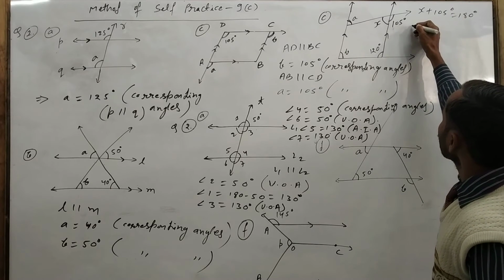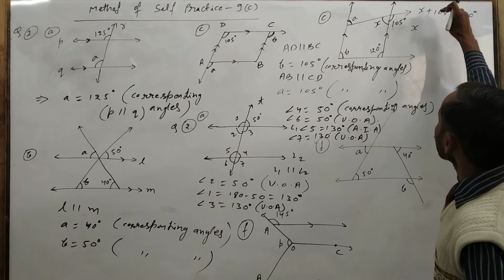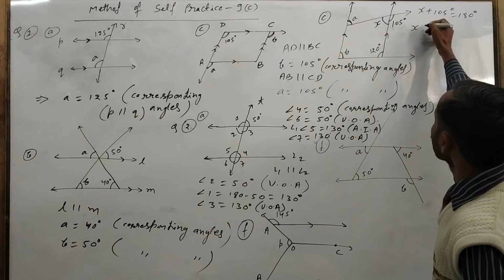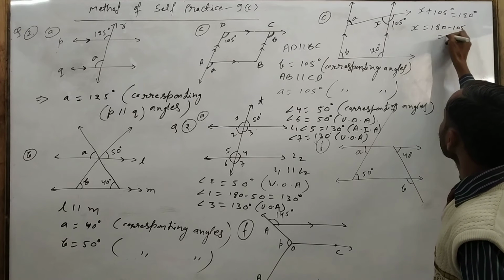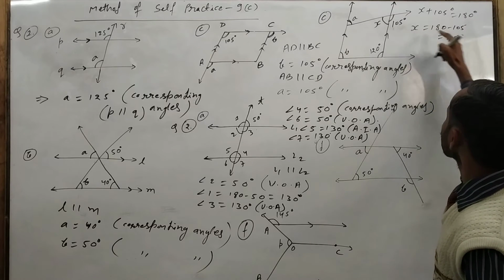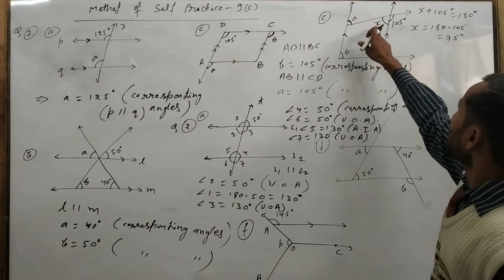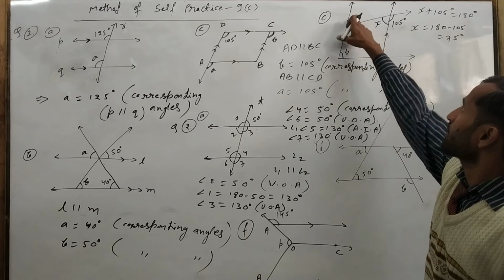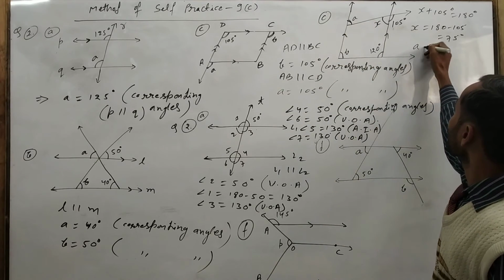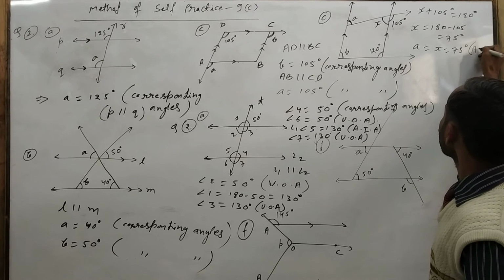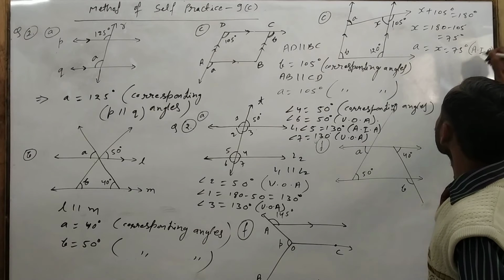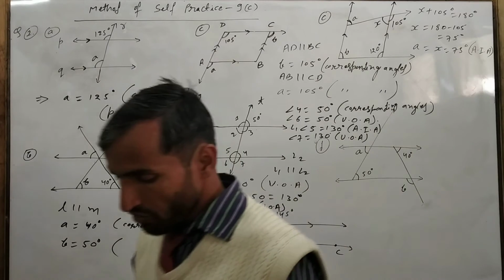Now we have to find the value of x. So we will transpose this 105 to that side. It will come 180 minus 105, so it will come 75 degrees. So angle x is equal to 75 degrees. Now x and A are alternate angles. So angle A is also the same, equal to 75 degrees. The reason will come, alternate interior angle.